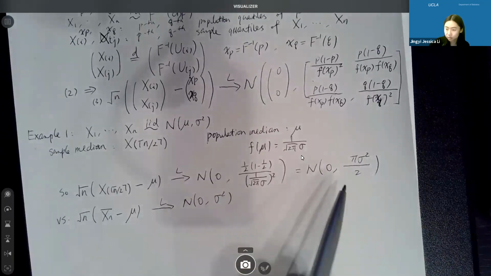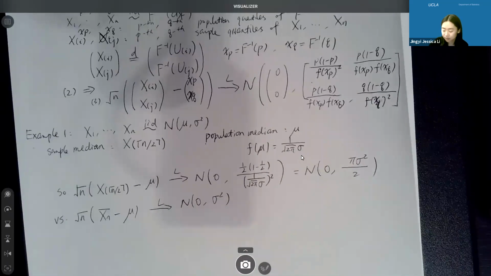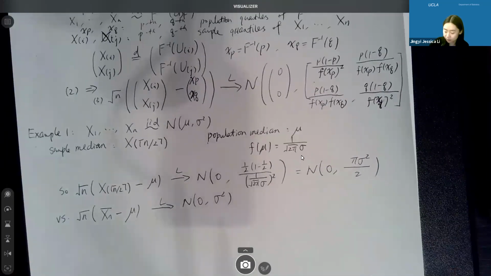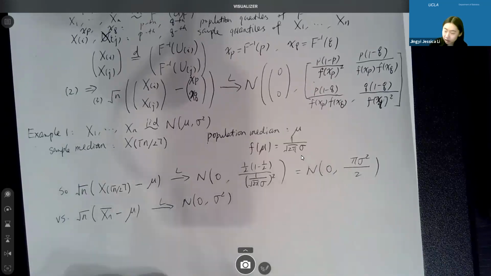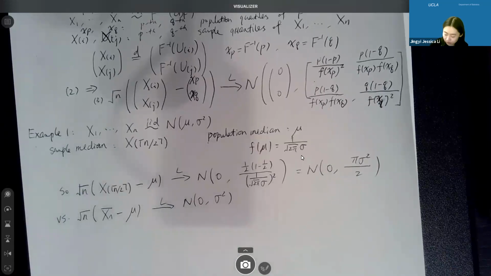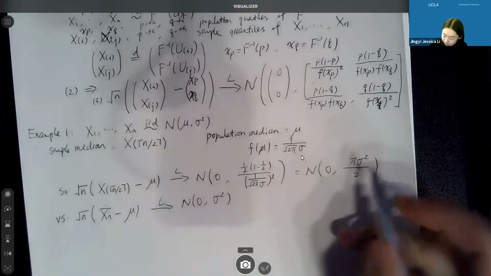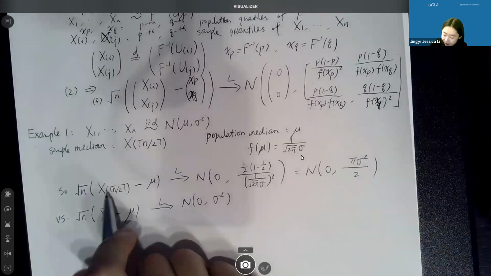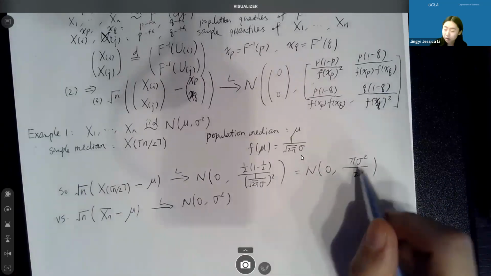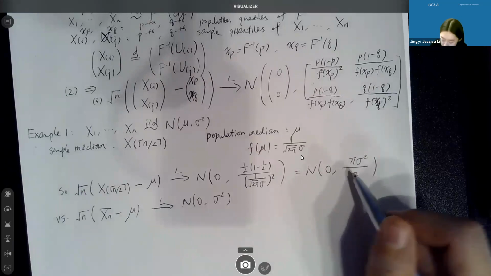So if we compare these two, which one is bigger? It's basically comparing pi over 2 versus 1. And we know pi over 2 is bigger than 1. So comparing these two things, we can say under this normal distribution, we have this sample median with bigger asymptotic variance.